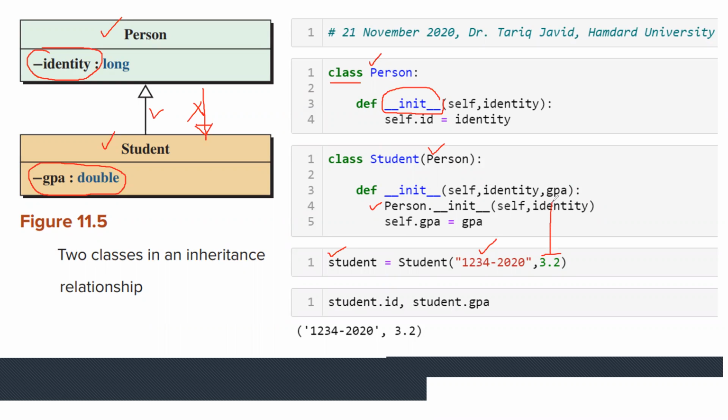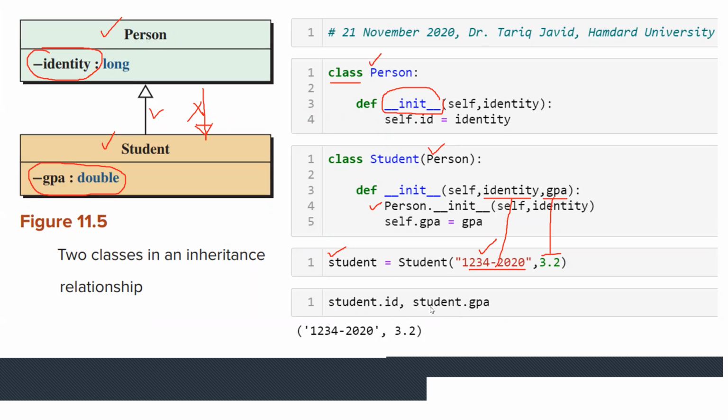GPA goes to this GPA, and identity goes to this identity. And when we ask, we can get the different data and values by using student and student.gpa.